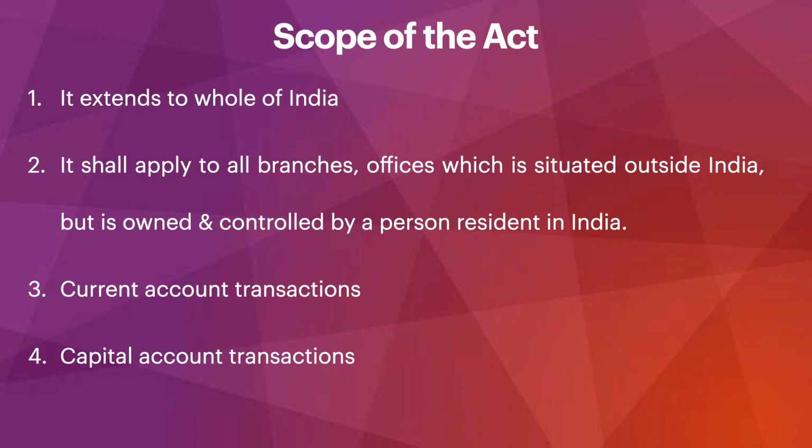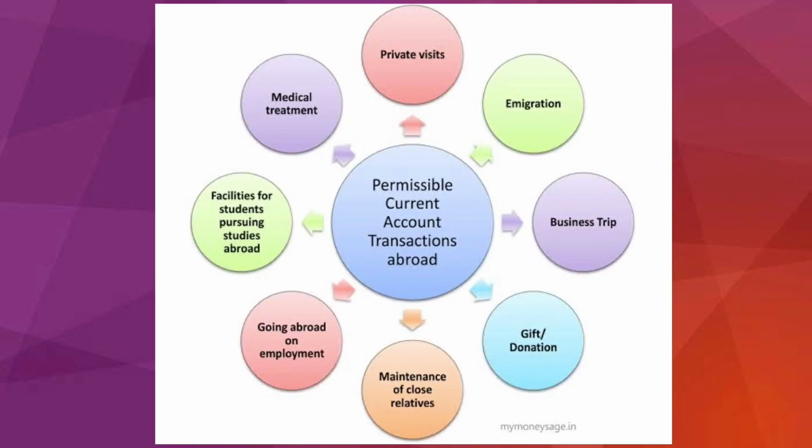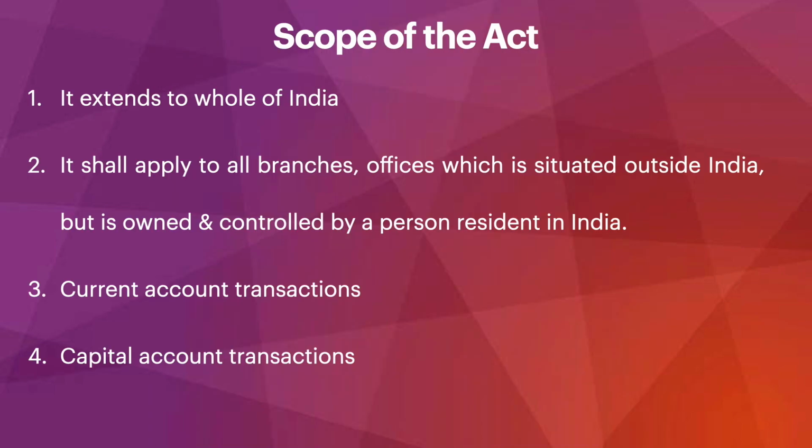Next, current account transactions, which I've just discussed with you, and capital account transactions, such as purchasing shares, debentures, mutual funds, purchasing property or taking a loan from a foreign country, etc. Understood? These are the four areas where the Act is applicable. Hope you have understood the meaning and concept of capital account, examples and the meaning of current account, and the scope of the Act.